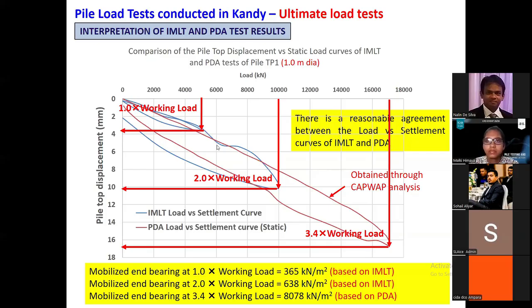The blue curve is the result of the instrumented pile load test, the actual load test. The brown line is the static pile load settlement behavior obtained from the CAPWAP analysis. I told you that CAPWAP analysis can be used to get this curve. And you can see they are very close to each other. They follow each other very well.